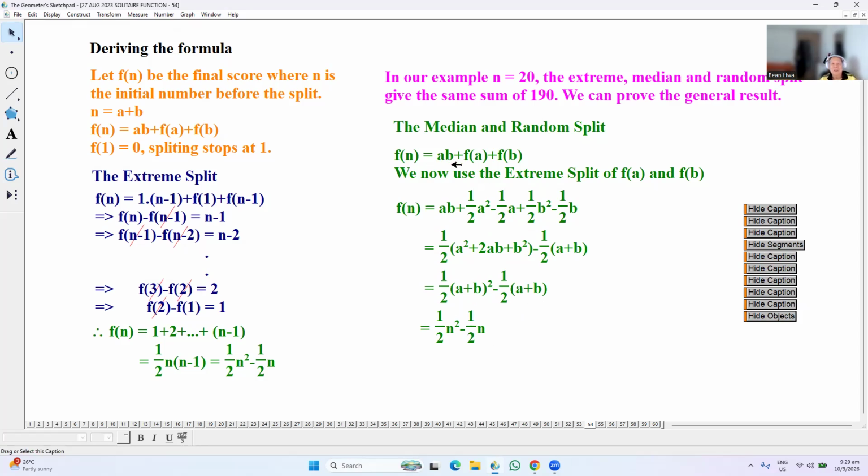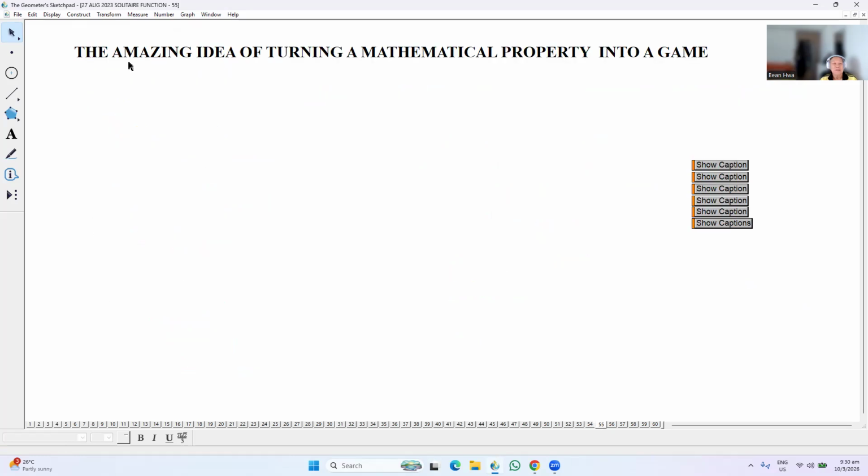So when we have a random split, we also have the same formula for both the median and the random split. The result is the same as the extreme split. The amazing idea of turning a mathematical property into a game.